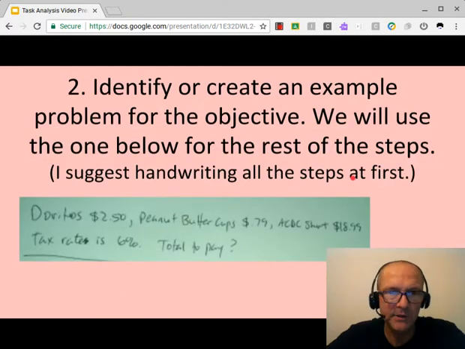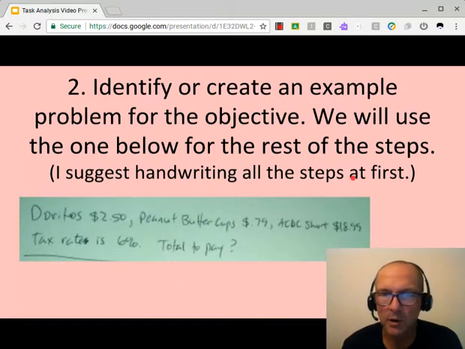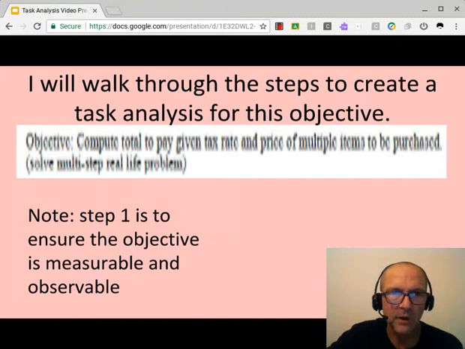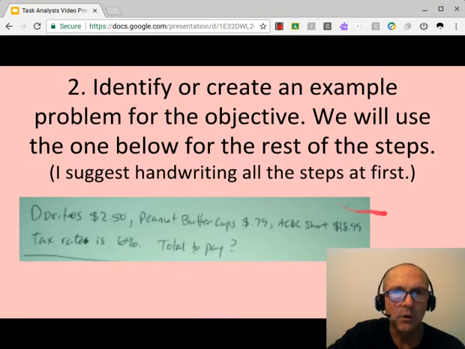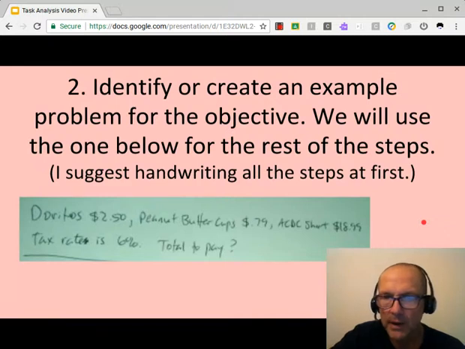So what I've done here is I've created a problem to be aligned with this objective. And then what I'd like you to do is to work through it. So you've created an example problem. And now what you're going to do is you're going to work it out, and that'll be step three. Notice I've already done this, and I did it by hand.